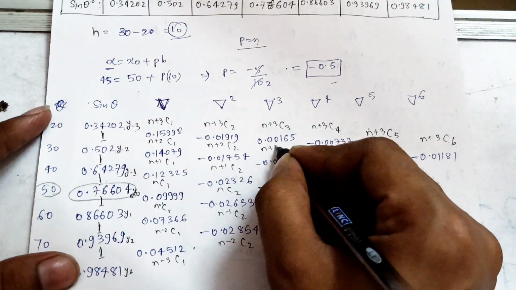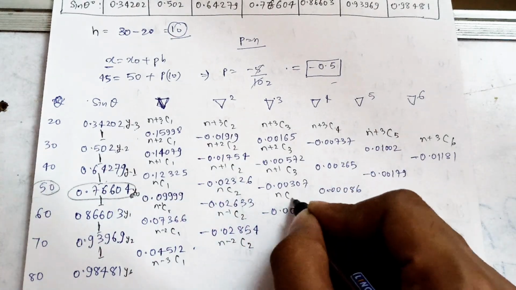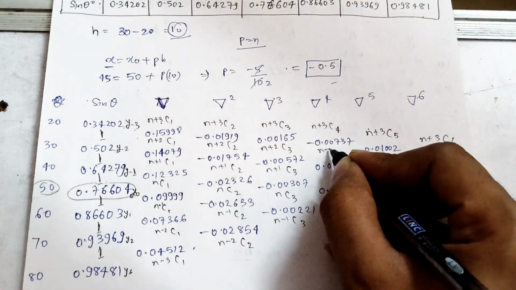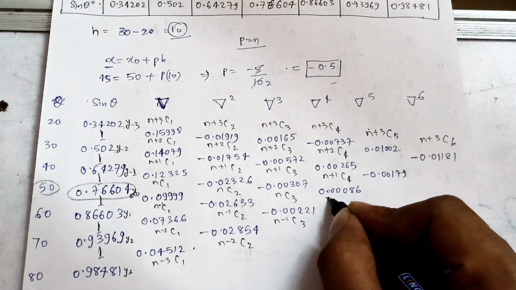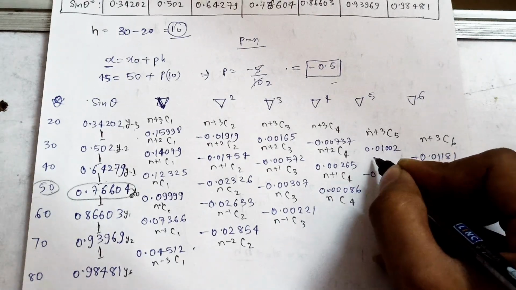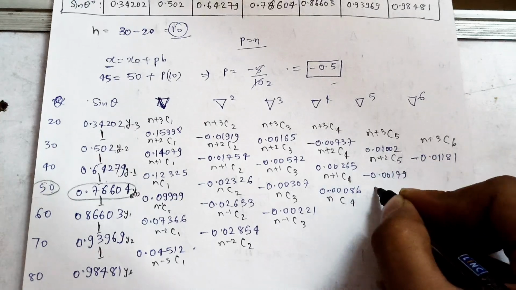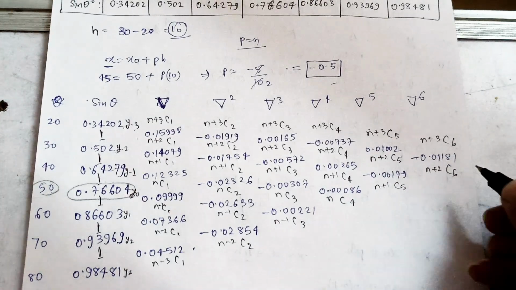Here we will get n plus 2 c3, n plus 1 c3, n c3, n minus 1 c3, then n plus 2 c4, n plus 1 c4, n c4, and then n plus 2 c5, n plus 1 c5, and n plus 2 c6.